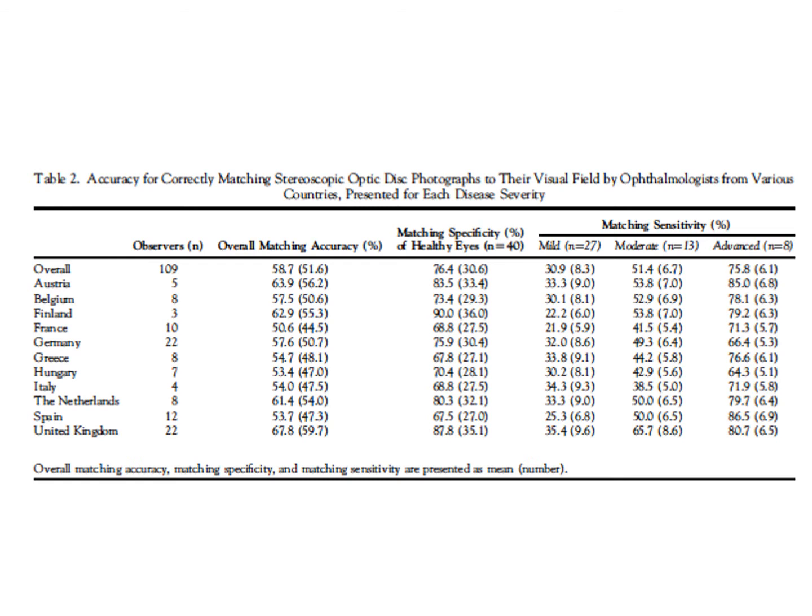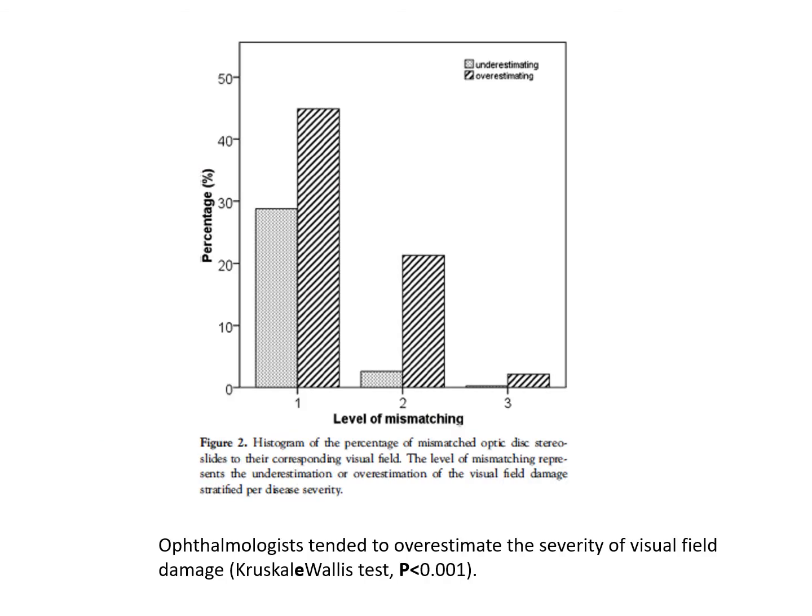Of course, the specificity was very high, 99, and the sensitivity based on the visual field damage of the group was 35, 65, 80. So from here, obviously, you can observe that if the damage is very advanced, it's easier to classify, to match with a visual field.